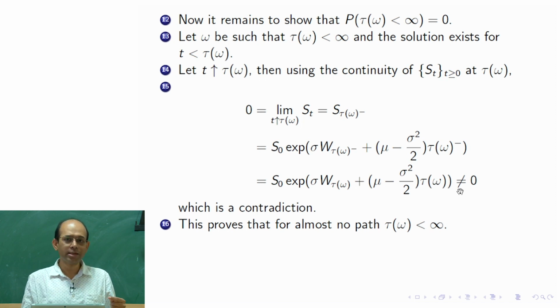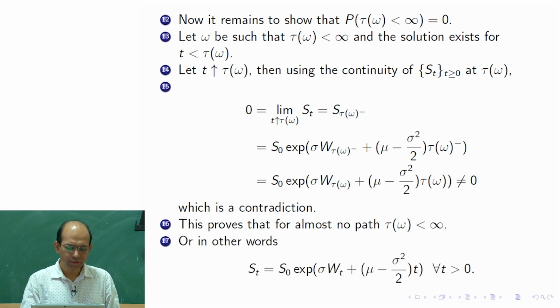So tau(omega) is obtained as the exit time of the solution. Almost no solution paths are such that tau(omega) can be found finite. In other words, the solution is S_t equal to S_0 times e to the power of sigma W_t plus mu minus sigma squared by 2 times t, for all positive t.